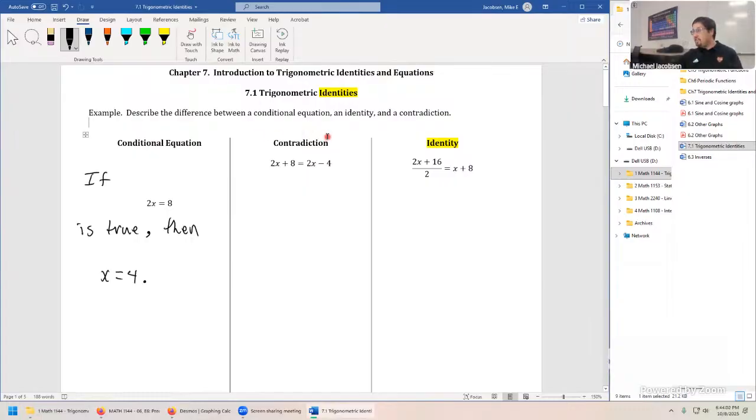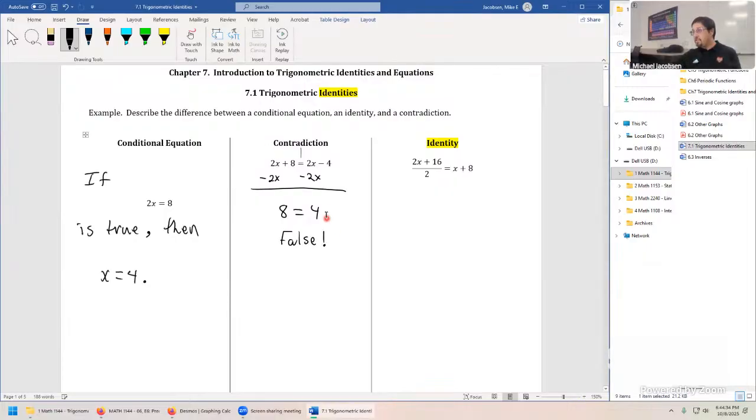Then the contradiction is where algebra gets a little bit weird, but it kind of makes sense when you say contradiction. A contradiction should be something that is illogical, something that's totally false, something you can never make true, you can't repair this. And this one is a contradiction because the moment you subtract 2x from both sides, which is the only step you can take in solving this, you get the statement that x equals 4, which is false.